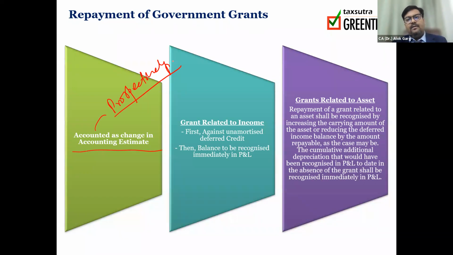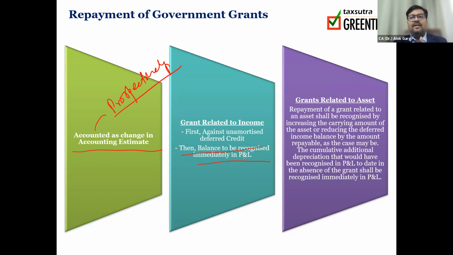For example, there was a deferred unamortized government grant worth rupees 4 lakh and the repayment is 5 lakh rupees. So 4 lakh has to be knocked off from the liability and 1 lakh has to be immediately debited to P&L. Okay, so whatever balance is there, that has to be debited in P&L. Sir, but what happens if the grant is related to an asset?